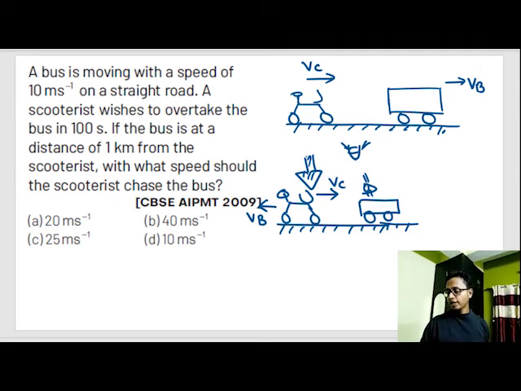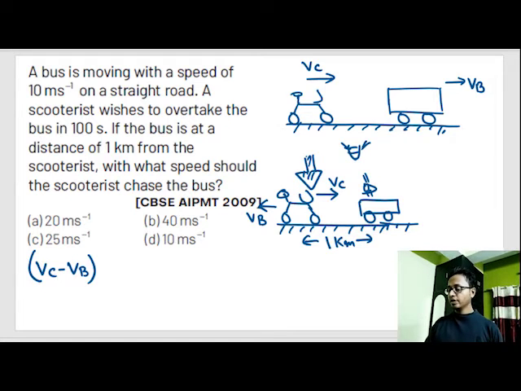Now with this combined velocity of Vc minus Vb, find the time that this cyclist will take to cover a distance of 1 kilometer. Vb is given as 10 meter per second. So Vc minus Vb is the relative velocity of the cyclist with respect to the bus.